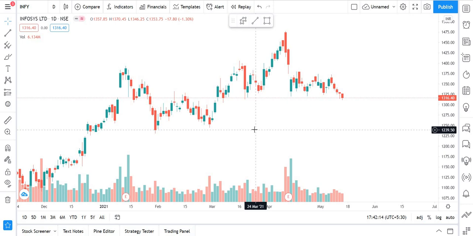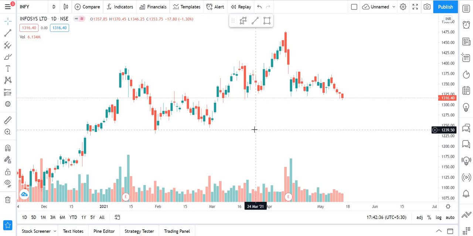But the thing is that whichever indicator gives you early signals will also provide you more signals, and with more signals comes more risk, because there will be chances of whipsaws, meaning false signals. So you have to be very cautious while using these kinds of momentum oscillators.